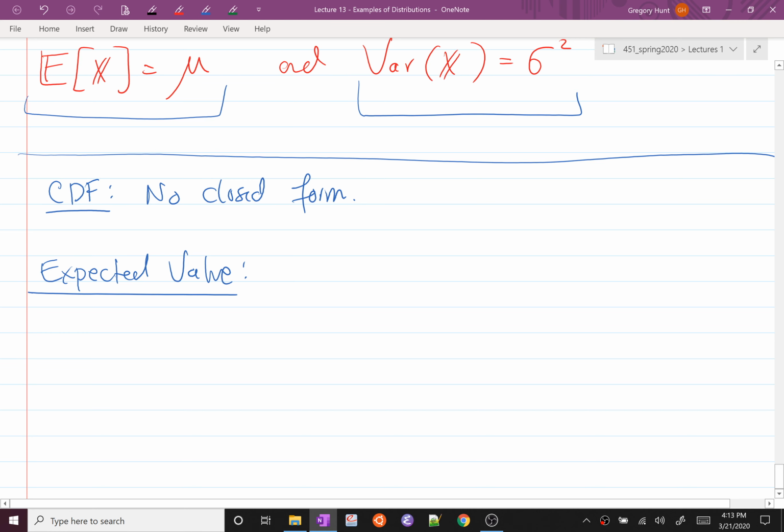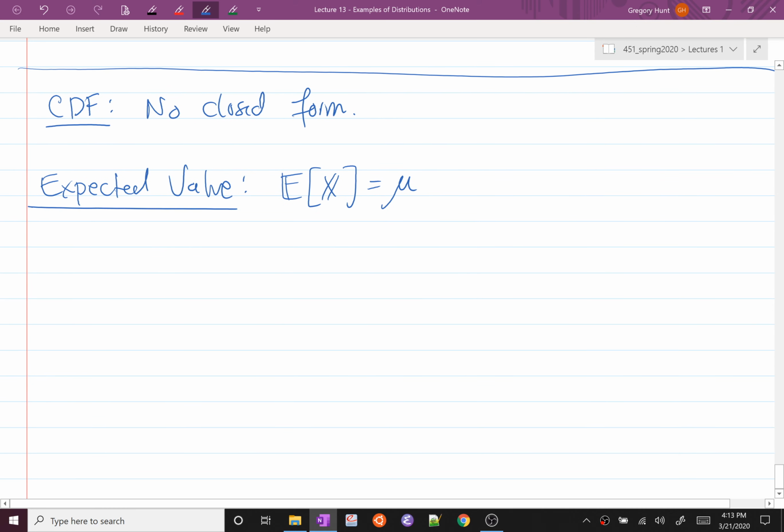How do we calculate the expected value of this thing? We believe, as I wrote above, that the expected value of the normal should be mu. So we have the formula: the expected value of x is the integral of x f of x dx.